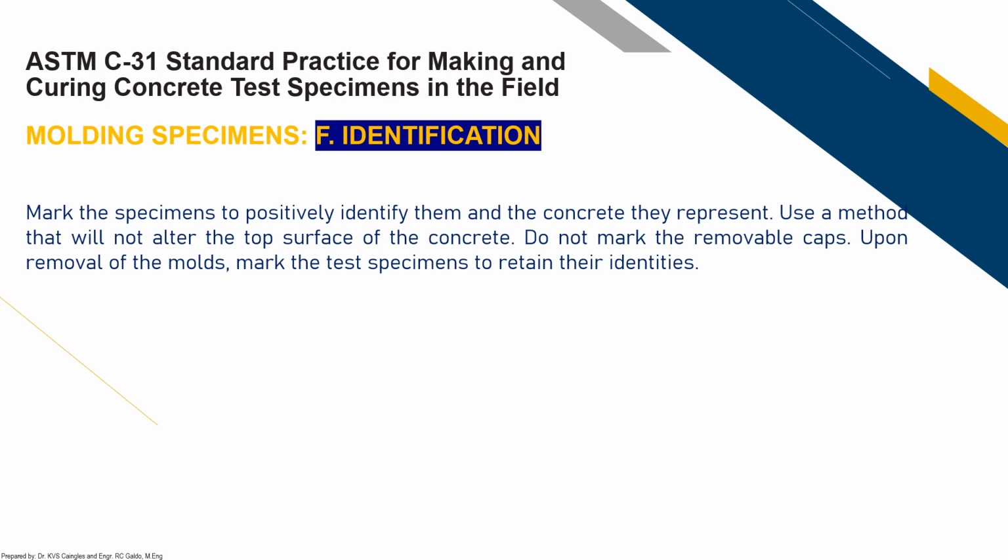Because, as we have discussed, you are to obtain multiple samples of your concrete, cylinder or beam, as you go through the construction phase. So you will have a lot of samples.